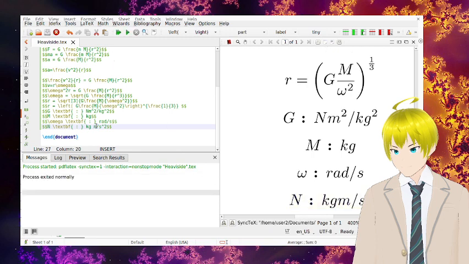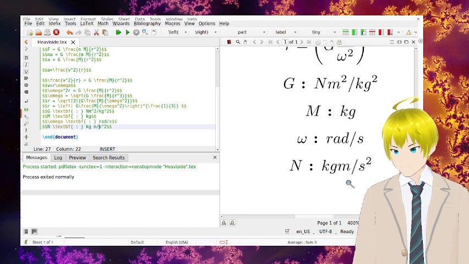Oh no, I believe it's meters squared per second squared, right? No. It's meters per second squared because it's mass times acceleration. Yeah.